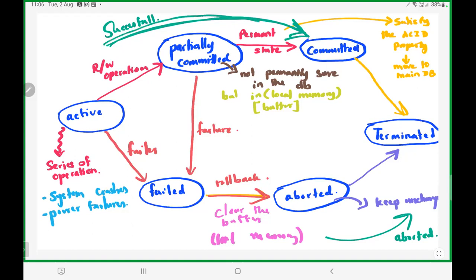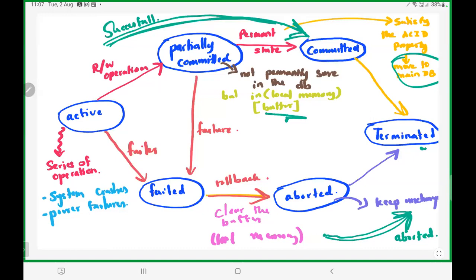One side can be success, the other side can be abort. On the successful side, there is partially committed and then fully committed. First, they have to be partially committed. That means all the read and write operations are saved in the buffer. Then they save all the data into the main database. Then it will be committed. Then the transaction will be terminated.